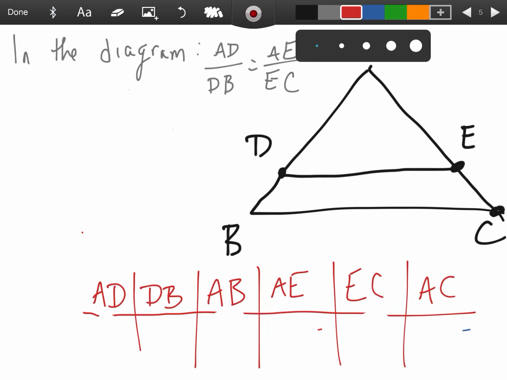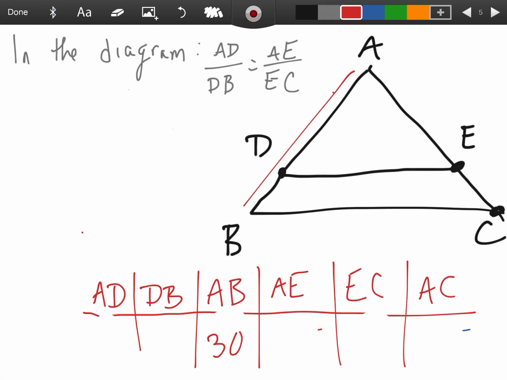We're going to start off saying that we know AB, the length of this whole side right here, is 30. And we know that AE is equal to 28. And lastly, we know that AC is equal to 42. All right, great. We've got a lot of work to do here.